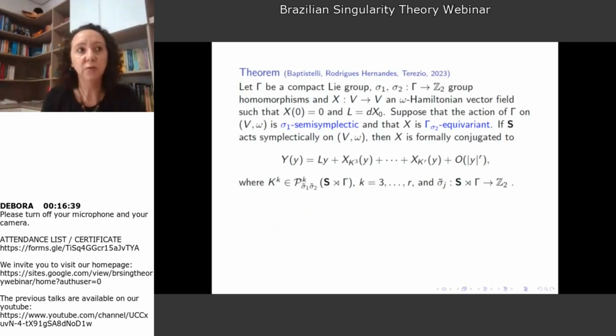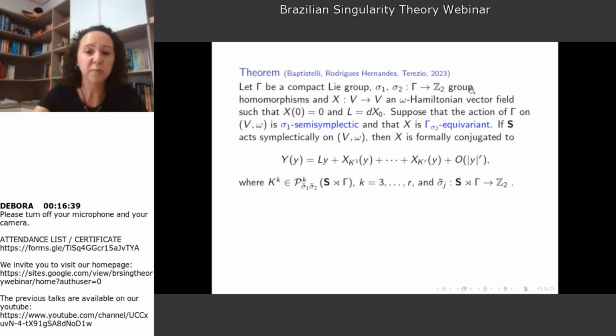We use, for example, a concept called the normalized Haar integral, and for this integral the hypothesis of compactness is important. Essentially, in the proof of this result we use the normalized Haar integral. So gamma for us is a compact Lie group.